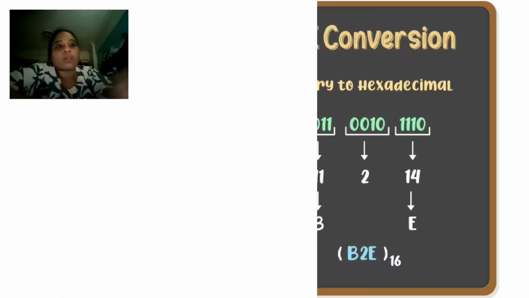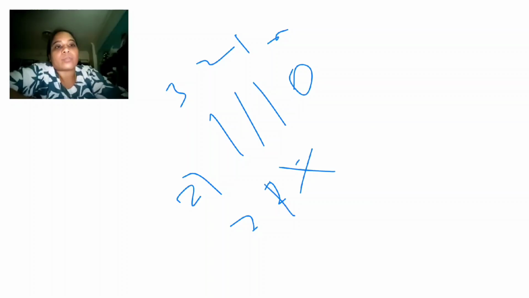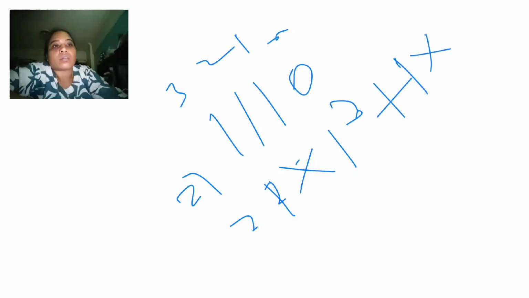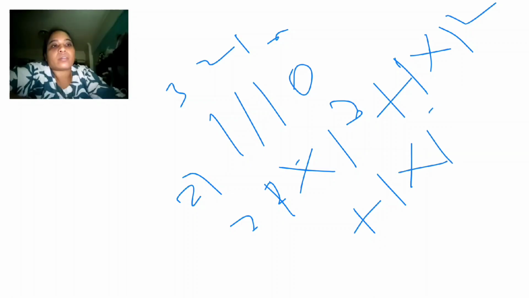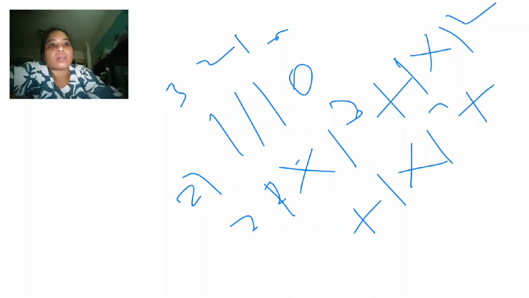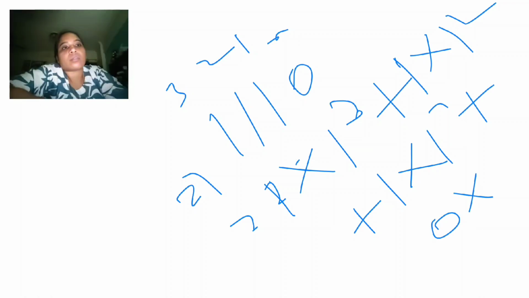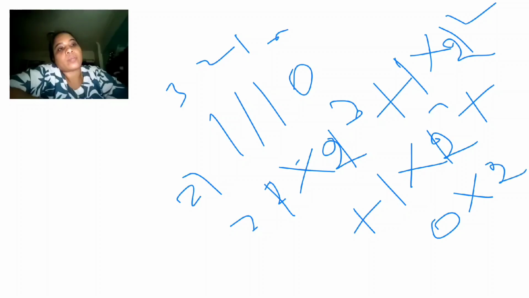So the base value is binary to hexadecimal 1 1 1 0. 1 into 2 power 3 plus 1 into 2 power 2 plus 1 into 2 power 1 plus 0 into 2 power 0.